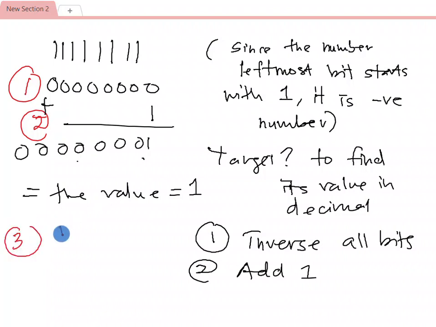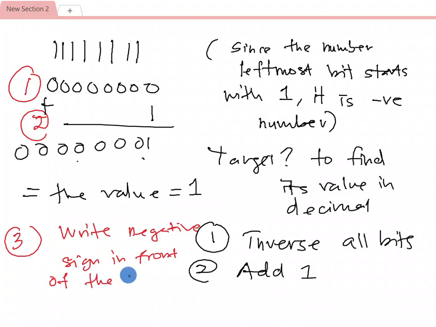Write the negative sign in front of the value. So just now you have value 1 here.